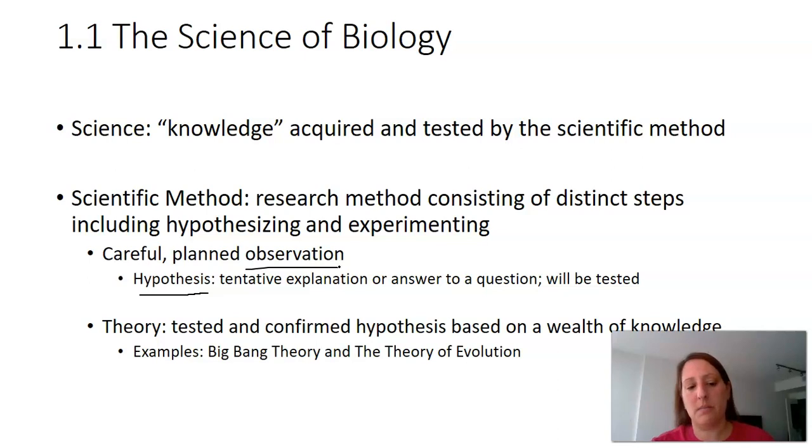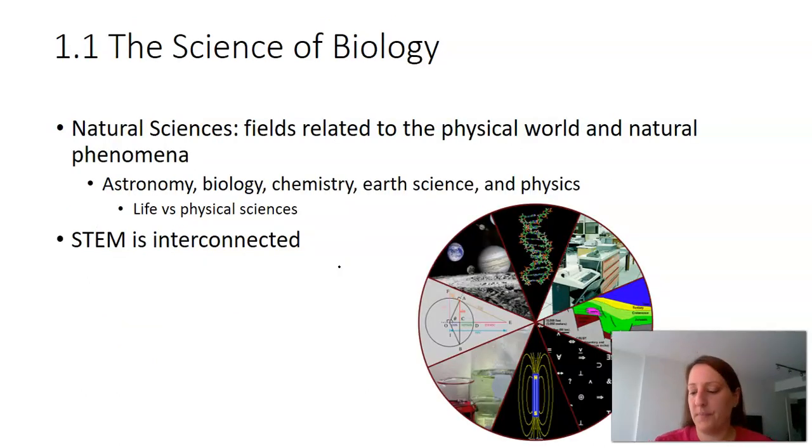But if something comes out tomorrow that kind of changes that, we will then incorporate that new knowledge into our theory. Okay, we don't oftentimes use fact. We don't have that term because things can be changed. So nothing is 100% absolute in science. It's what we know based on the evidence that we have today.